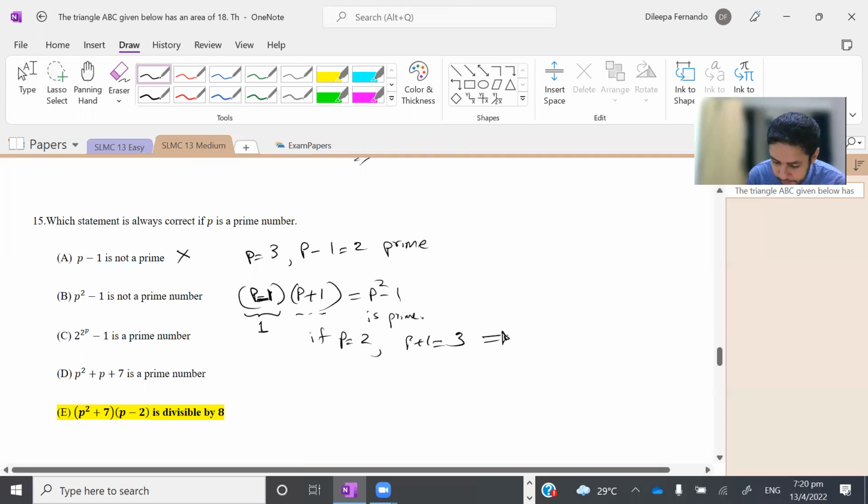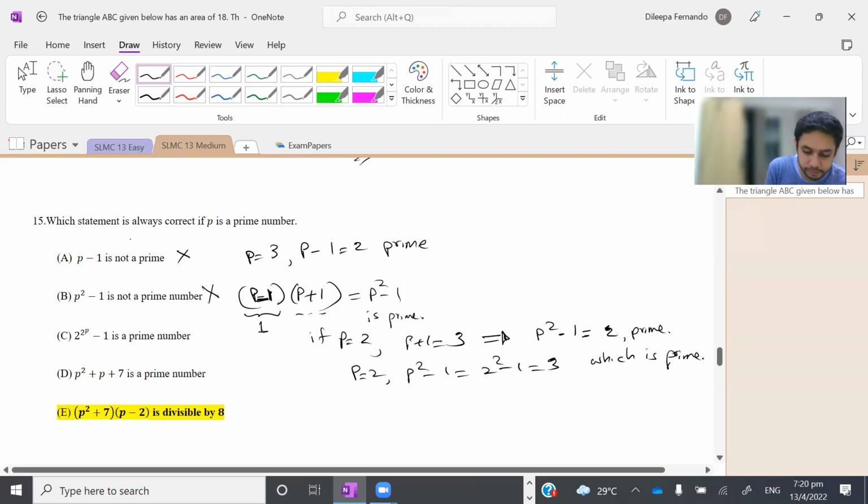This implies p squared minus 1 equals 2 squared minus 1 equals 3, which is prime. So this is also not true in general, because what we ask is which statement is always correct.